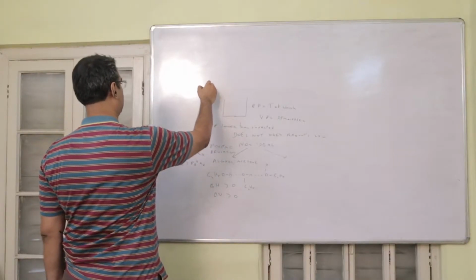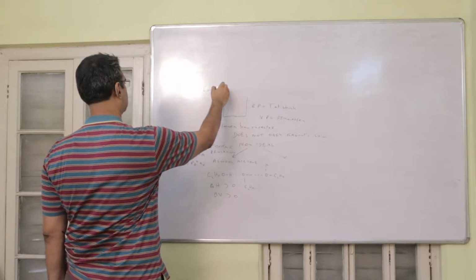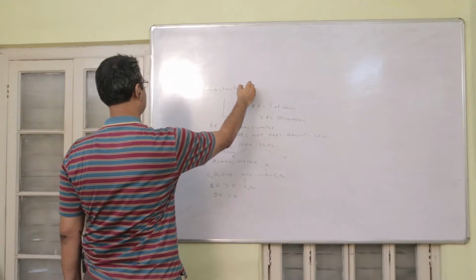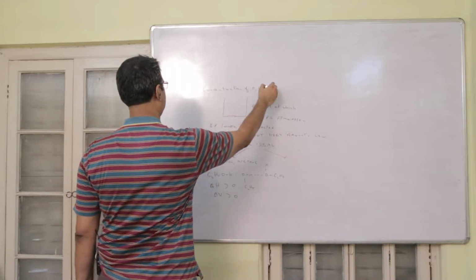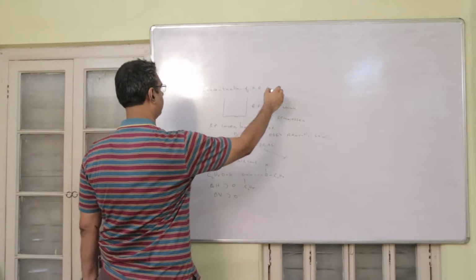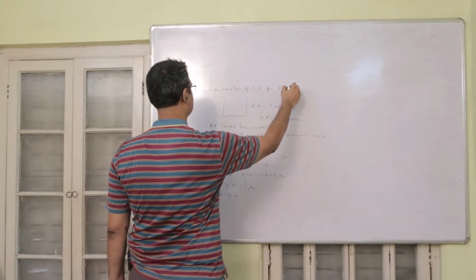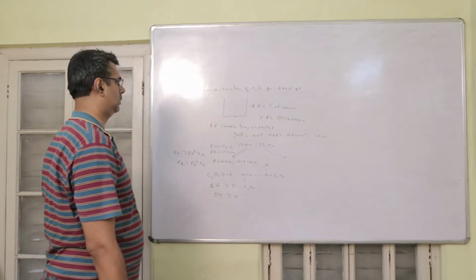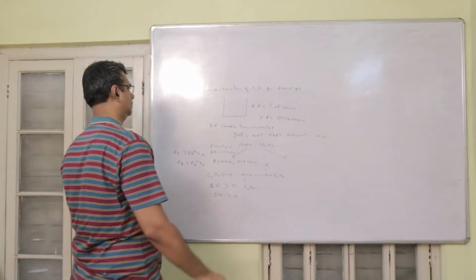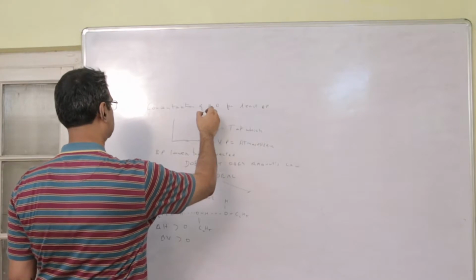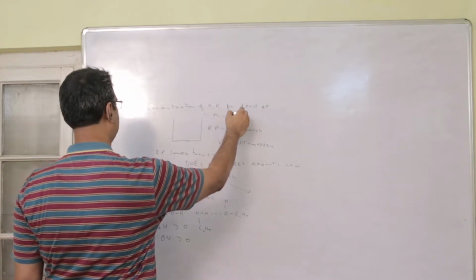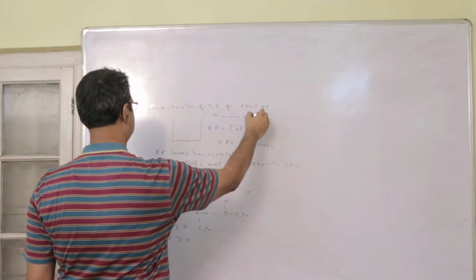So the concentration of A and B for least boiling point gives what we call a minimum boiling azeotrope.